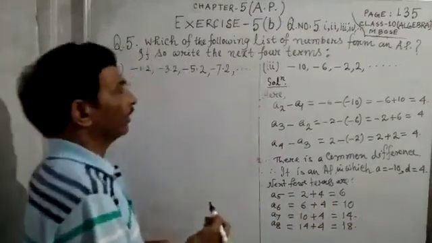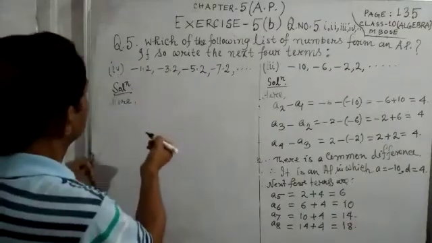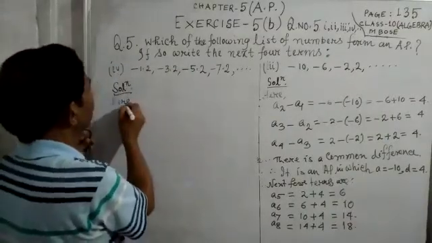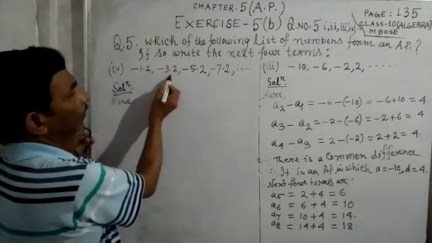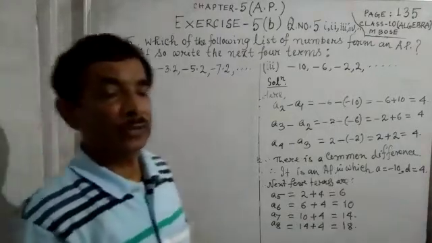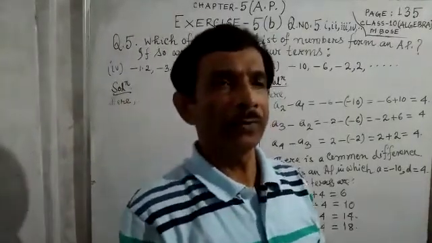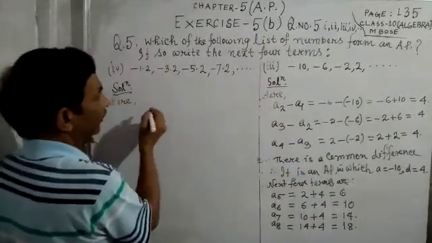Okay, so let's see the next sub number 4 here. In the same way, see here, this is A1, A2, A3, A4. First, check whether the list of numbers forms an AP or not. We will proceed in the same way.